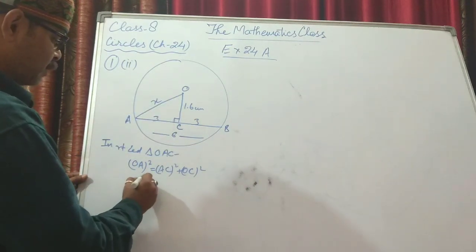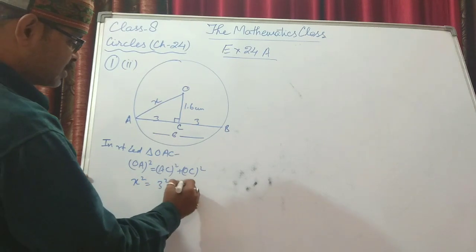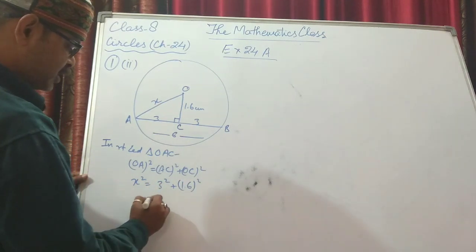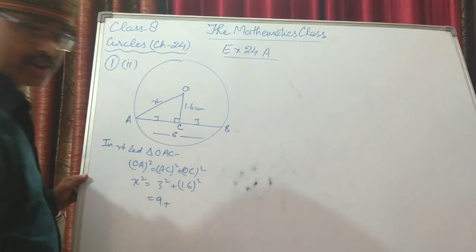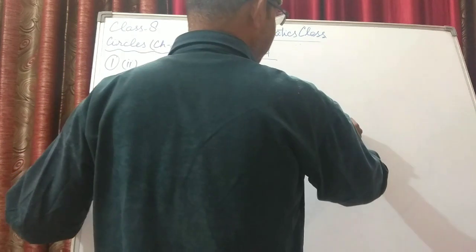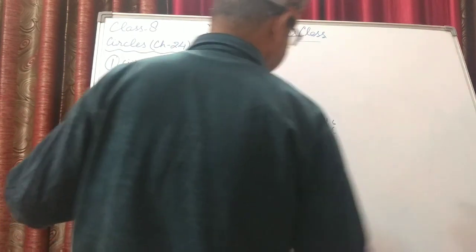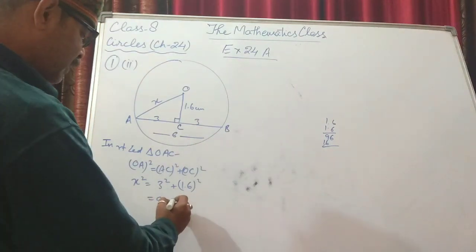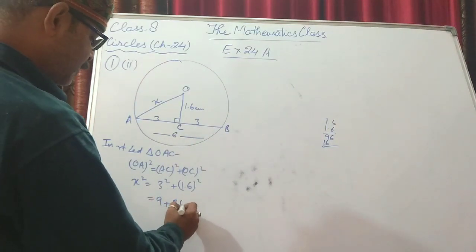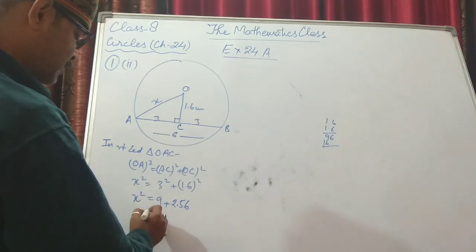So OA is X, X square is 3 square plus 1.6 square. 3 square is 9, plus 1.6 square, let us check, 16 times 16 is 256, so it is 2.56.